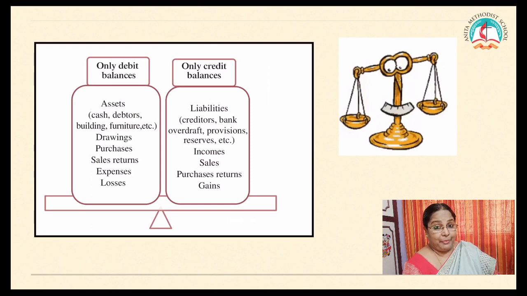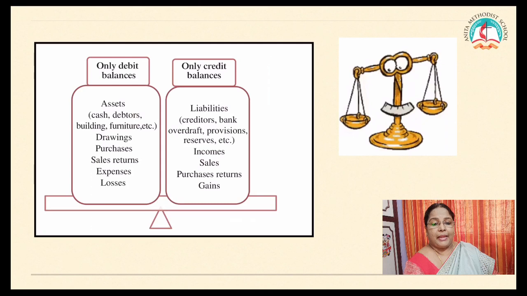Even though capital belongs to the businessman, it will not be treated as an asset. It will be treated as a liability. So capital has a credit balance and should be recorded on the credit side. But drawings has to be written on the debit side. Clear, children? And then purchases, debit balance.